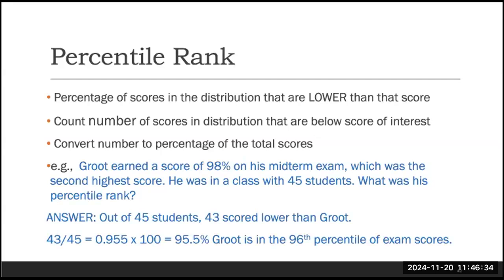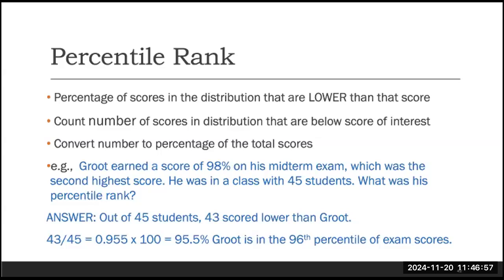So in order to calculate percentile rank, you need to know how many scores there are, how many scores are lower than the score that you're interested in, and then you simply make that into a percentage. You would divide the number of scores that are lower by the number of total scores, multiply that by 100, and then you have percentile rank.